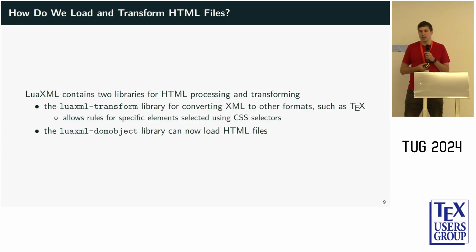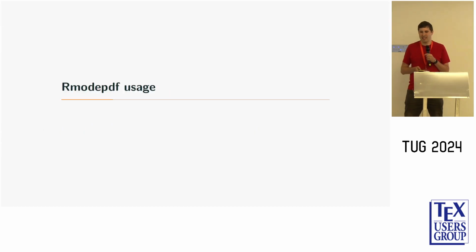So I had to make a new library, and now you can work with HTML files in LuaXML in the same way as you can work with XML files, and so you can parse XML to a DOM object, and then you can delete the elements, add new elements, change everything, and with the LuaXML transfer library, you can then transfer this DOM to any output. Currently, we support HTML. Oh no, LaTeX.